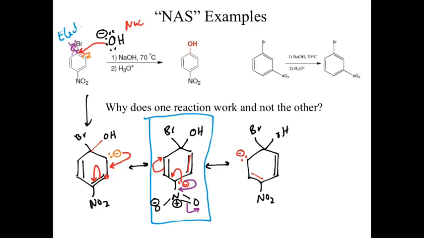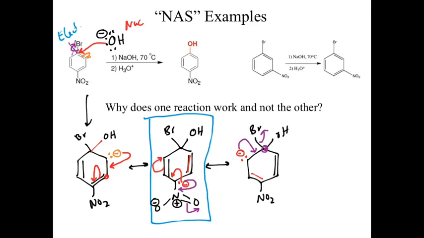The very final step of this is now saying, you know what, I don't want to be this crazy negative intermediate anymore, and we can take the lone pair and donate it back into the pi system, but now our carbon has too many bonds, so now we kick out the leaving group. In this case, the bromide is a much better leaving group than the hydroxide.